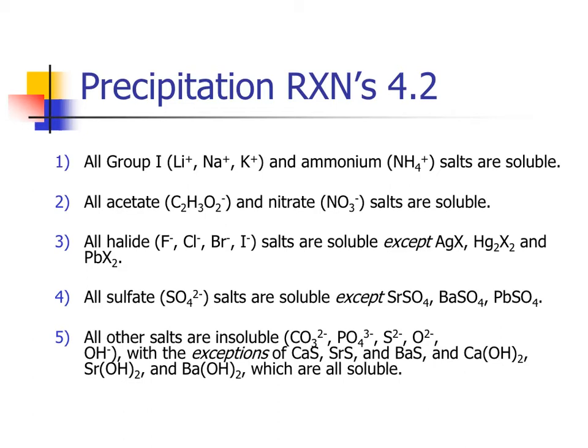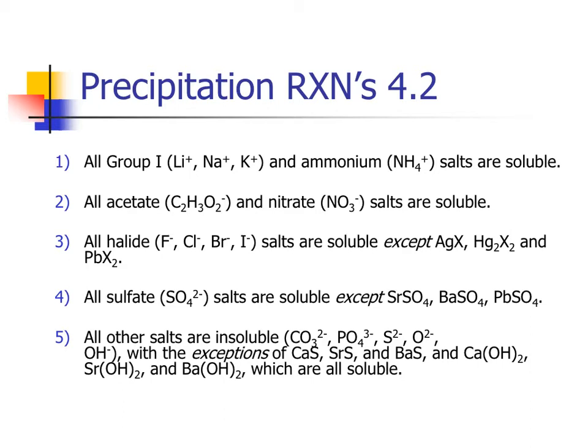Rule 2 is acetates and nitrates. They kind of rhyme, so I like having them together, and they also form all soluble salts as well. With that, you'll need to make sure that Rule 1 is being followed, then Rule 2 is being followed, in that specific order.